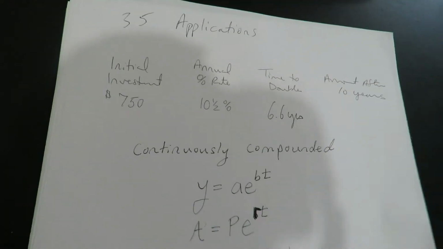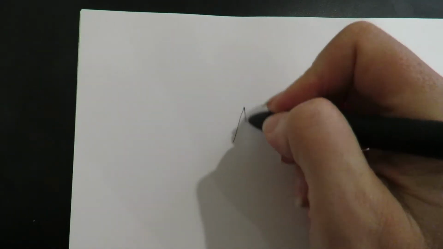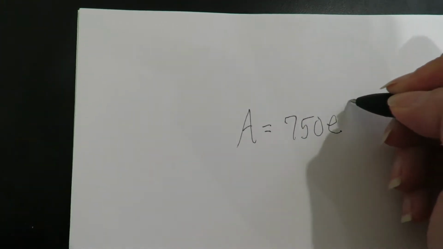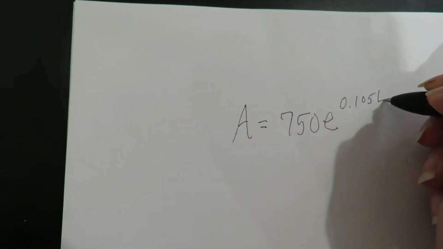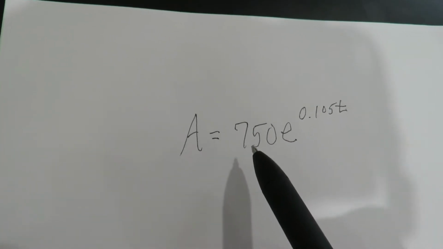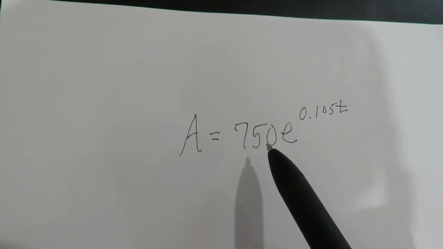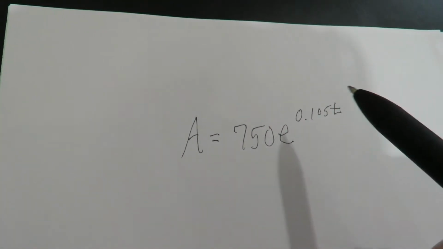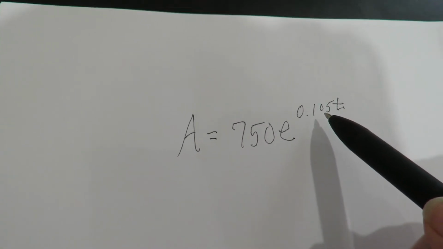Let me get a new sheet for that. So we have A equals 750 e to the 0.105t. Now, by the way, when you're creating your model, the P value doesn't change. That's consistent for all applications of the model. The r value will not change as well.